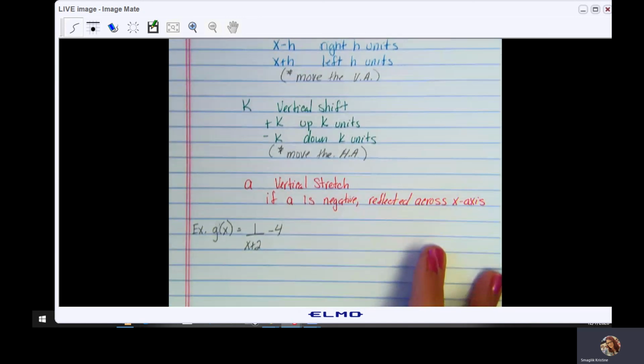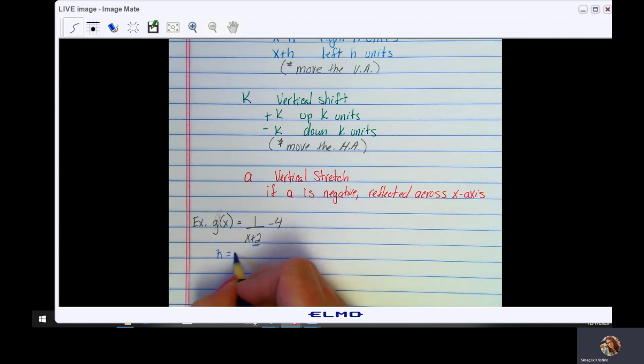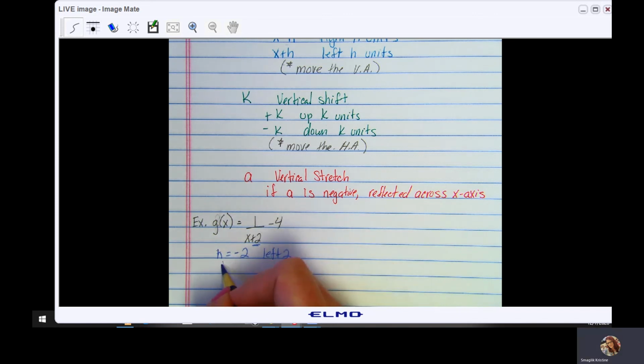So let's take a look at this example. If I have g of x equals 1 over x plus 2, and then minus 4. So right here, there's h. H equals a negative 2, which means I'm shifting left. And it also means I have a vertical asymptote at x equals negative 2.